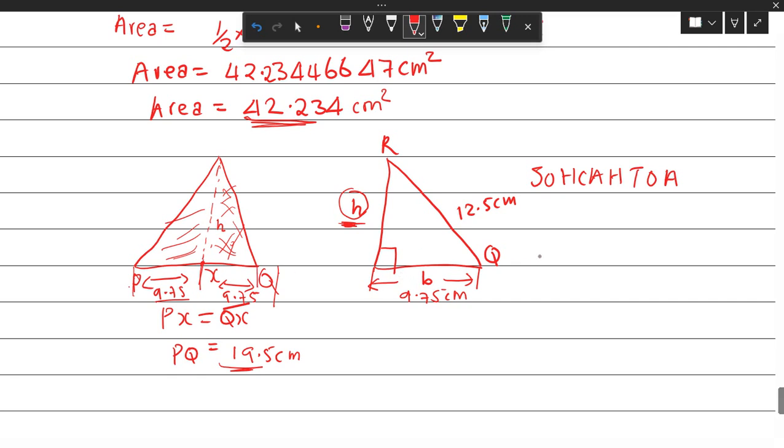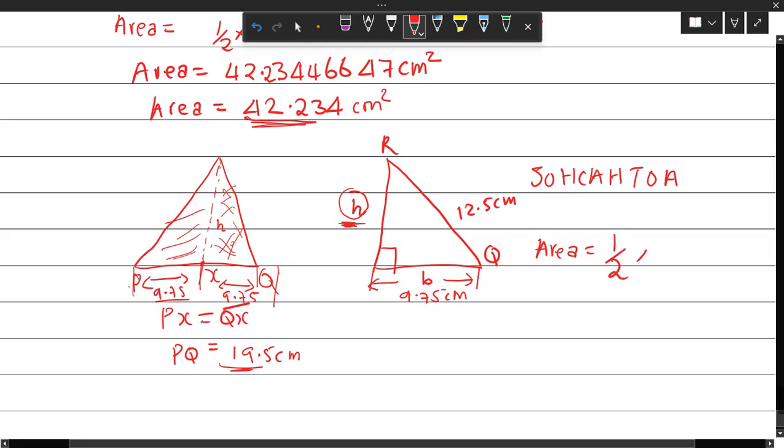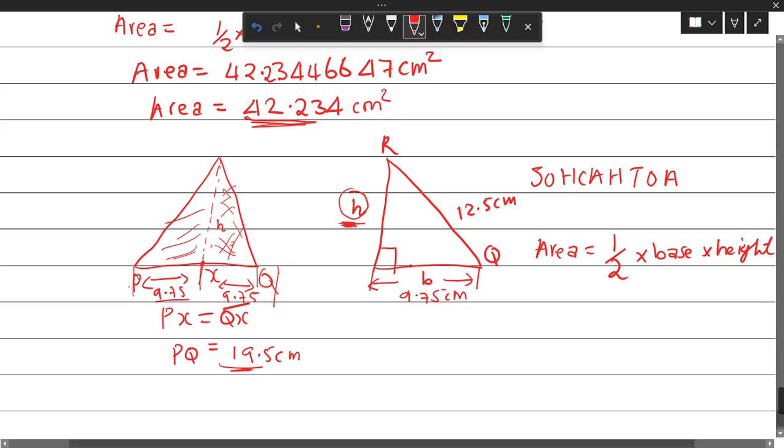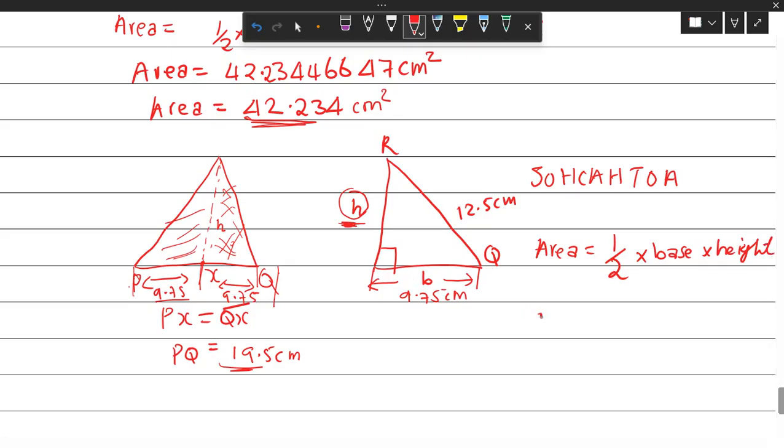Okay. Now, the area of a right angle triangle is calculated simply by half, you multiply the base by the height. So we just write area equals half BH, which is the base multiplied by the height.